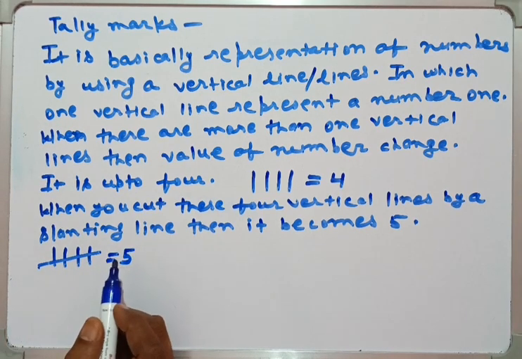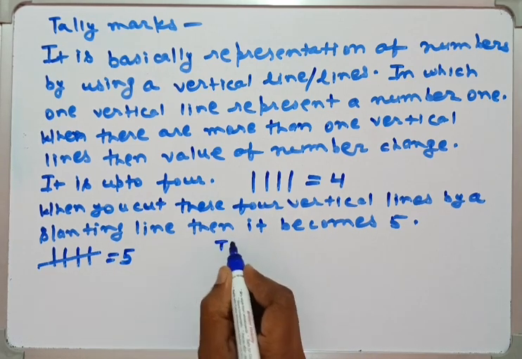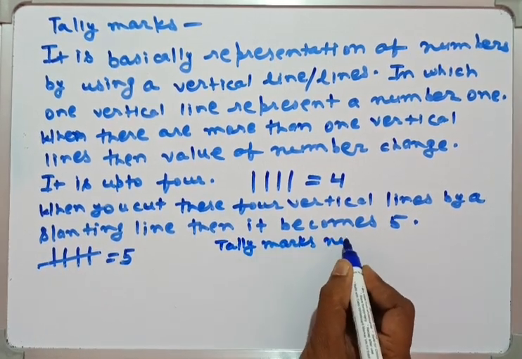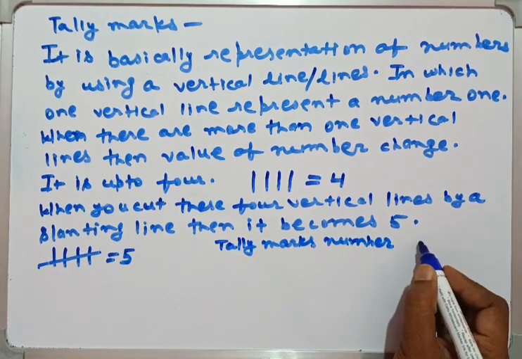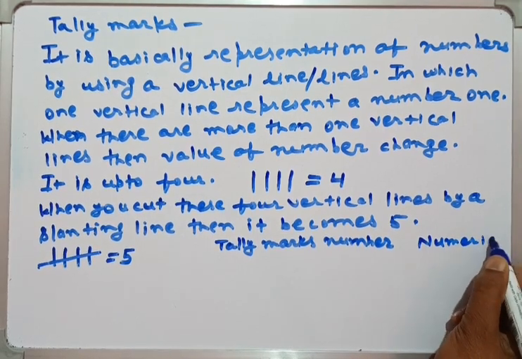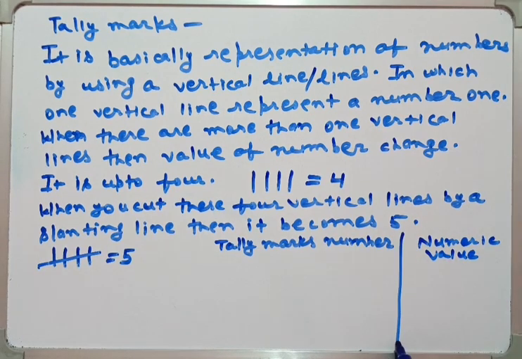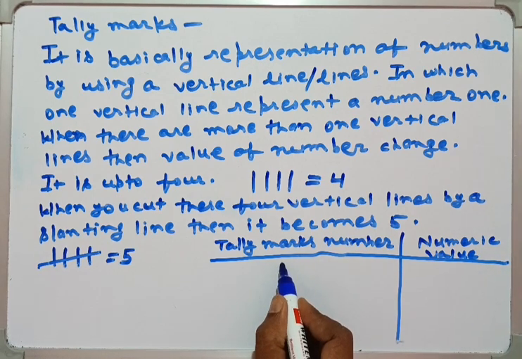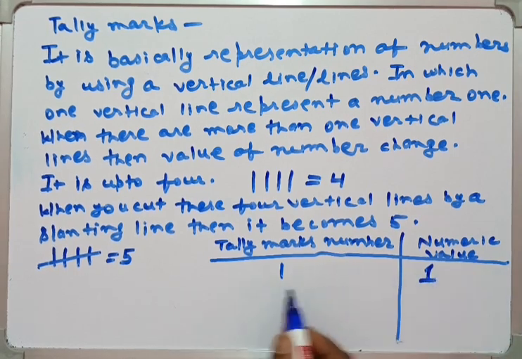Okay, so guys, now see here, tally marks and here numeric value. Suppose I draw here one vertical line, then its meaning is 1.